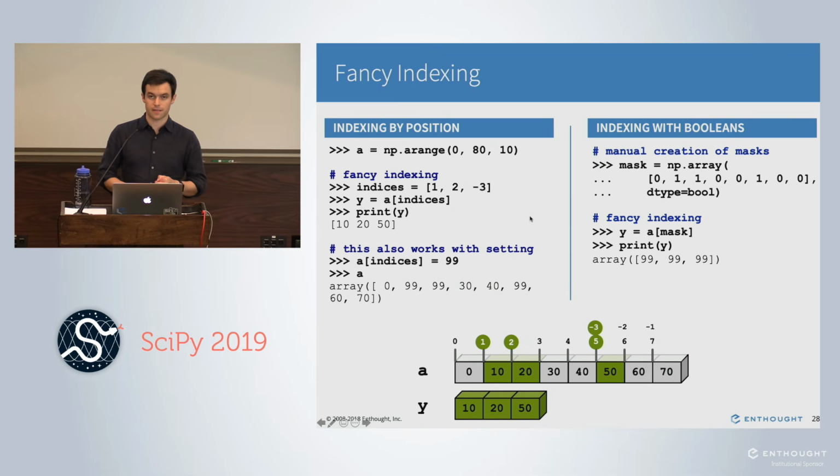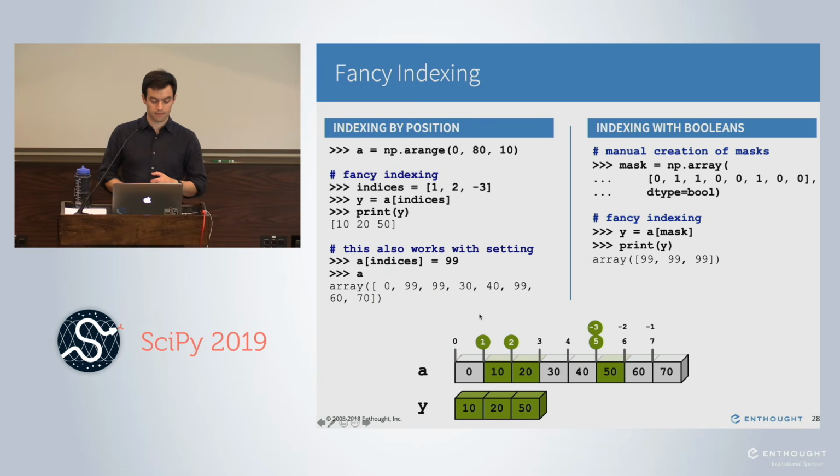And in this form of fancy indexing, in the square brackets where we're getting an item, what we're passing here is an array or a list of integers. And what happens is that NumPy is going to return all the values that are at these given positions or indices. So we get the element at position 1, the element at position 2, and the element at position -3.